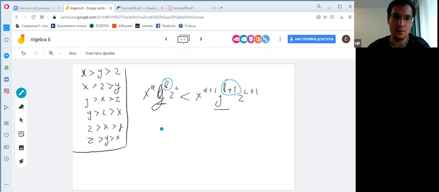For example, xyz is always smaller than x squared y squared z squared.